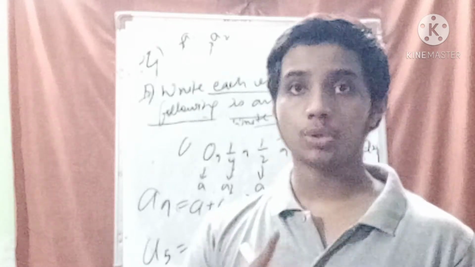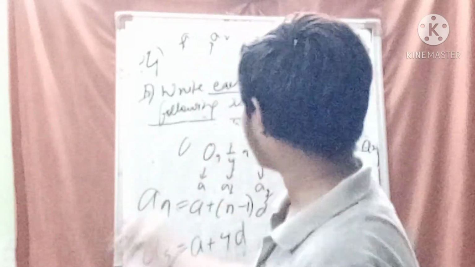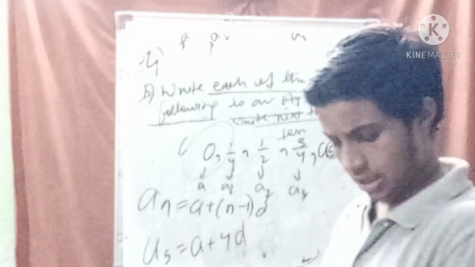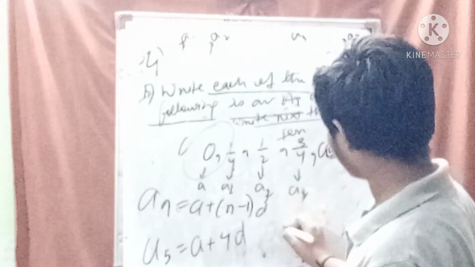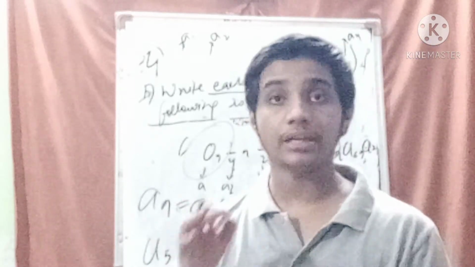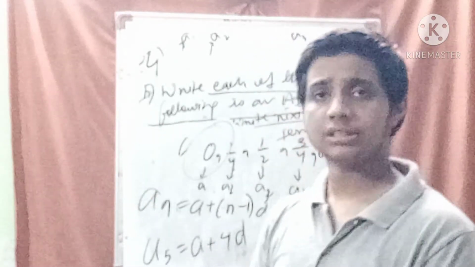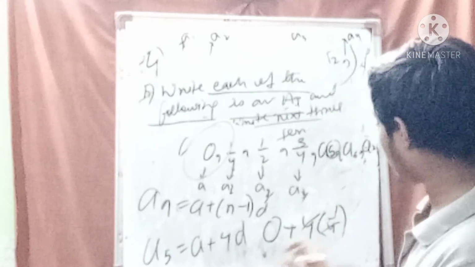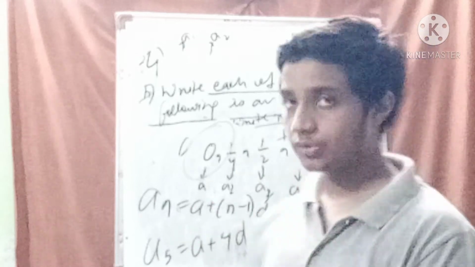Then the next thing to write is 0 plus 4 into D. We have just found D, that is 1 by 4. 4 into 1 by 4 cancels, and the answer is 1. So A5 is 1.